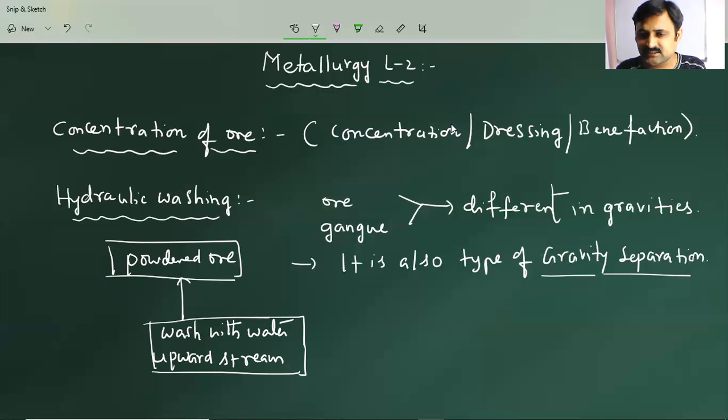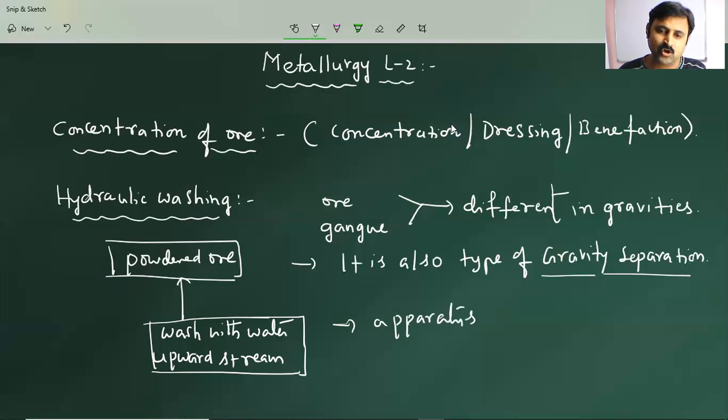The heavier particles, which may be gangue particles or ore particles, will be retained in the plate, and the rest of the lighter particles will be washed away with the water. That means there are two things we have to remember here. We call the apparatus the wilfley table.